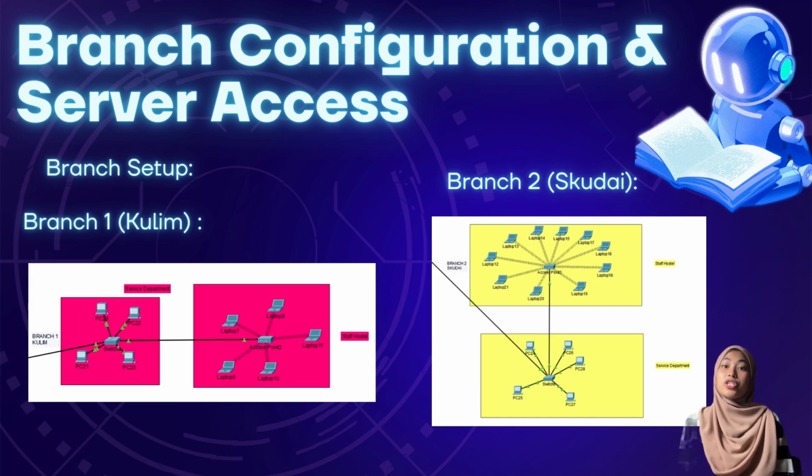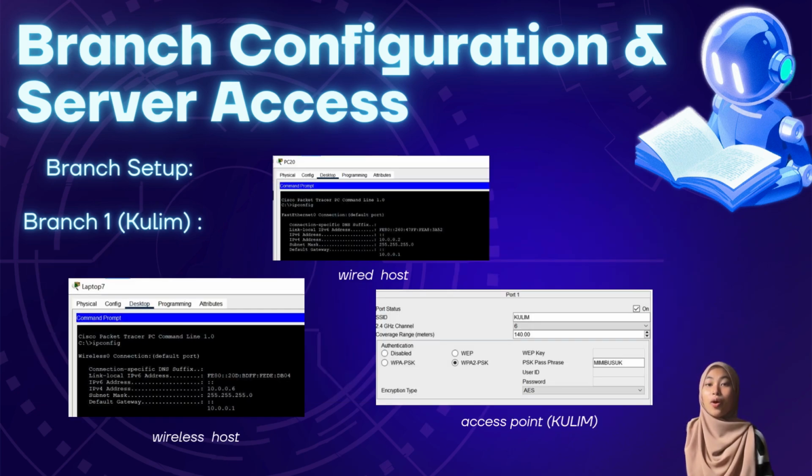Next, for branch 2, which is in Skudai, we implemented a 2-story building setup. The ground floor hosts the service department's wired PCs, while the first floor provides wireless connectivity for 10 notebooks in the staff hostel. As required, we assign the first IP address of each subnet as the default gateway.